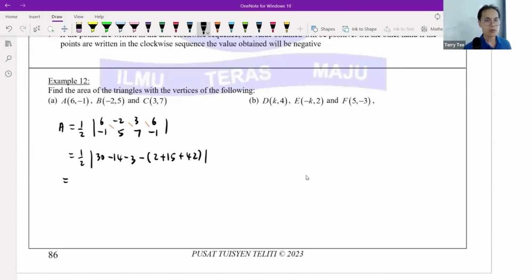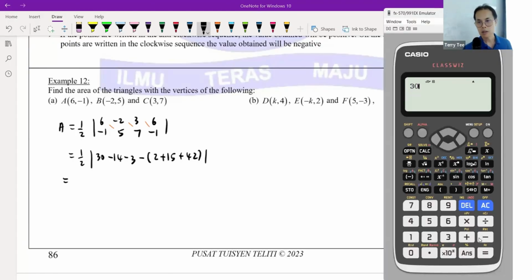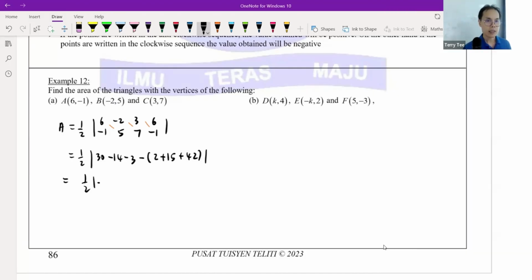So this will give us 30 minus 14 minus 3 minus 2 plus 15 plus 42. Then 46. Negative 46, modulus it, positive 23.